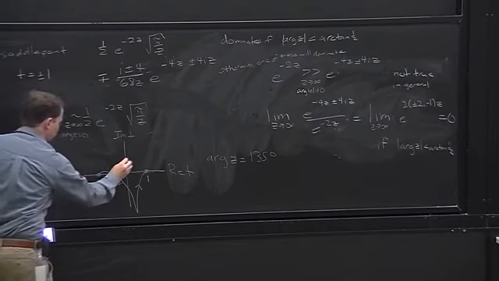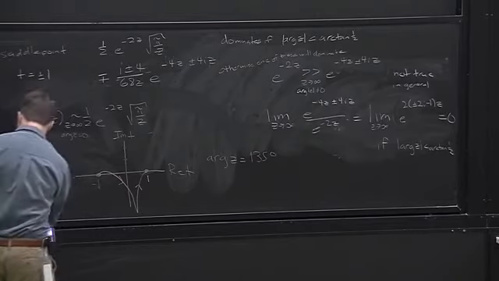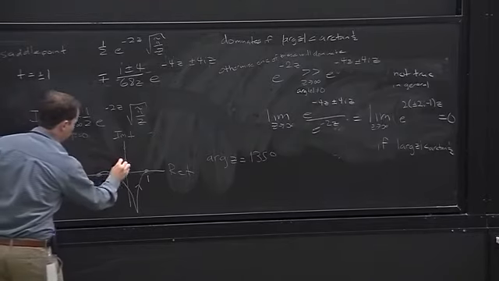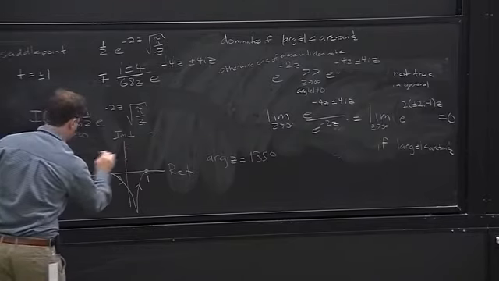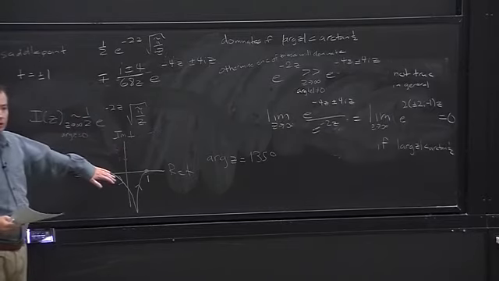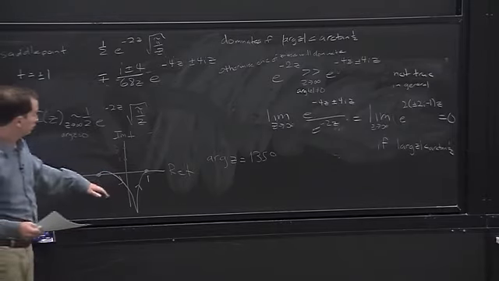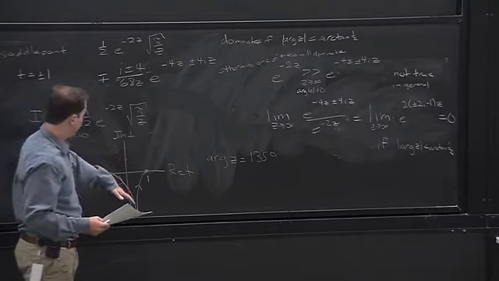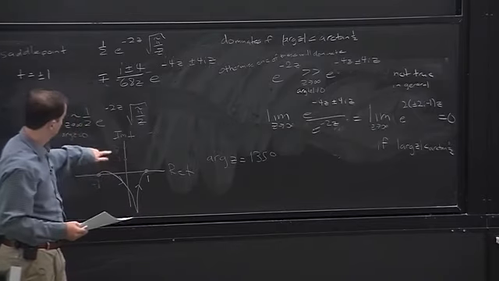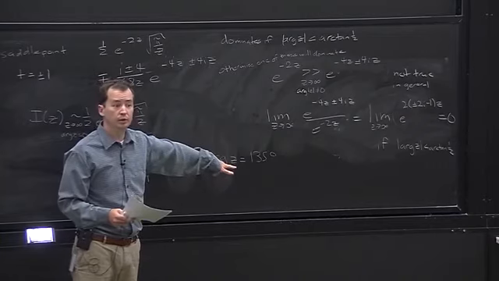And our poles are up here. Our saddle points are up here at i and 5i over 3. So the constant phase contours may pass through different saddle points depending on the argument of the expansion parameter.